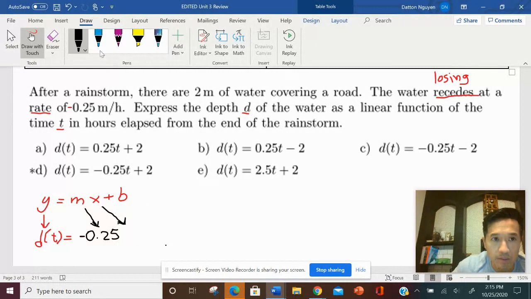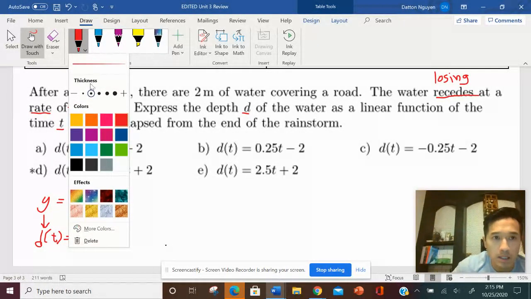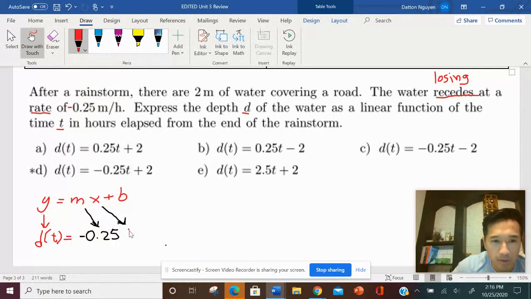This time they replace it with t, so negative 0.25t, plus, then we have one more. The b is the y-intercept. In this case, the b tells us usually where do I start? Well, we noticed earlier it starts at 2 meters of water, so we're going to write down 2.